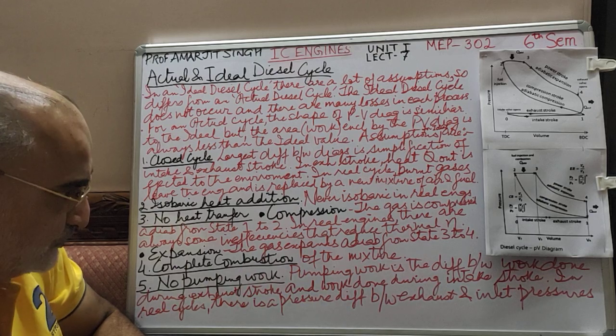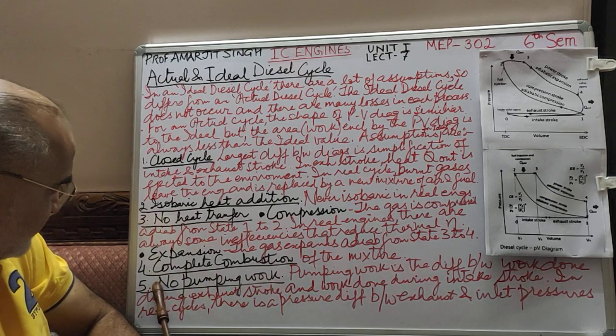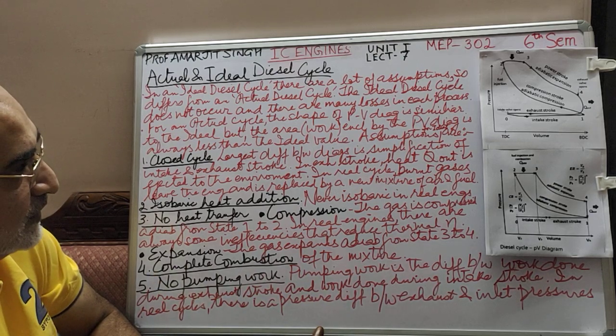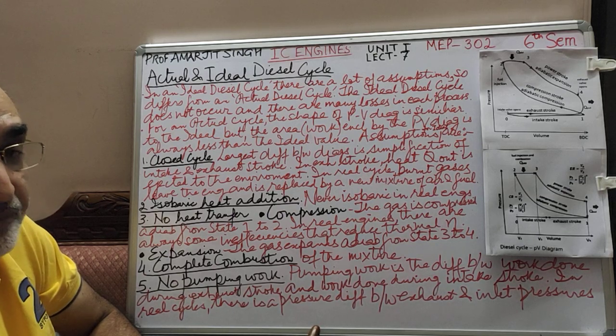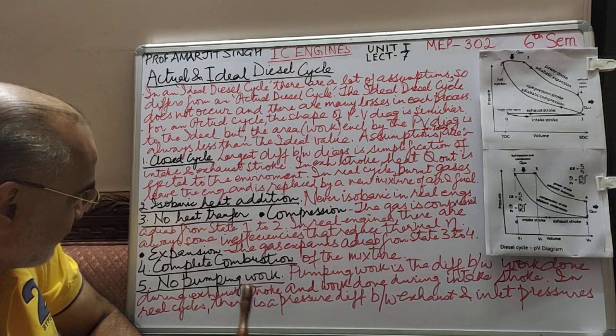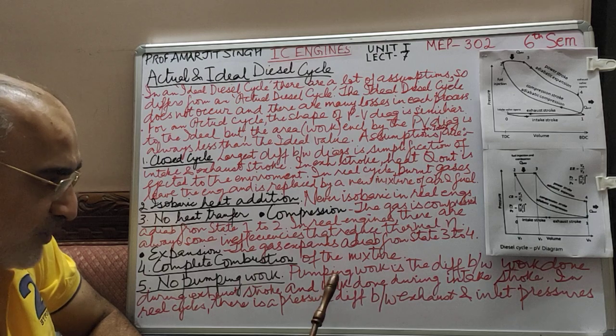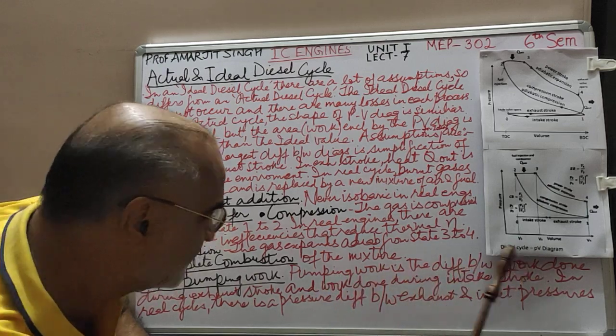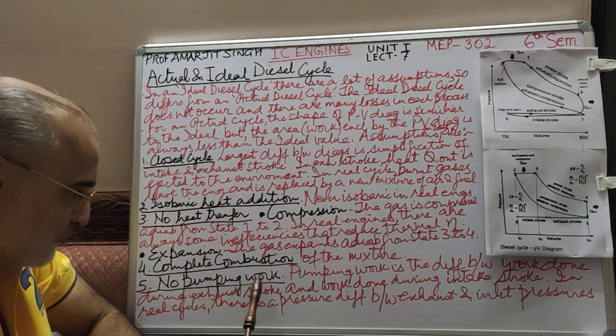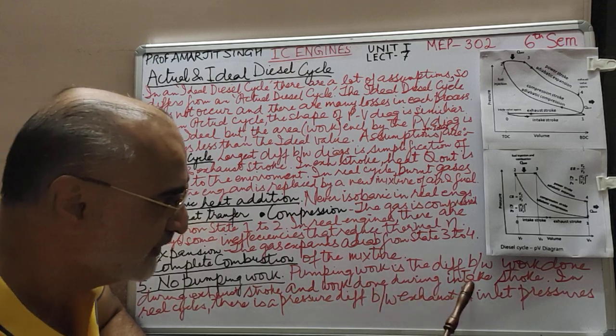No pumping work. The fifth assumption which is made for an ideal cycle is there is no pumping work. What is pumping work? It is the difference between work done during exhaust stroke and work done during the intake stroke.